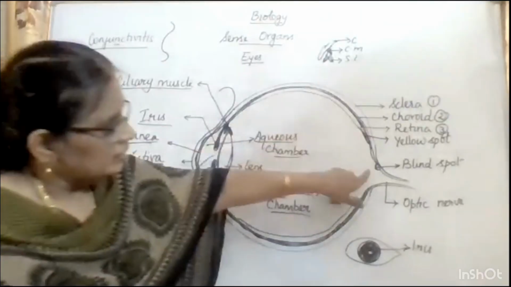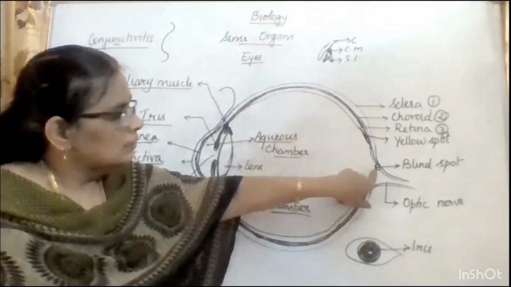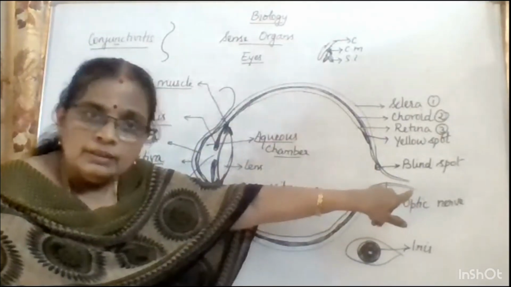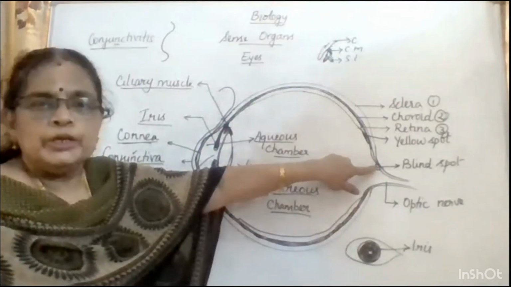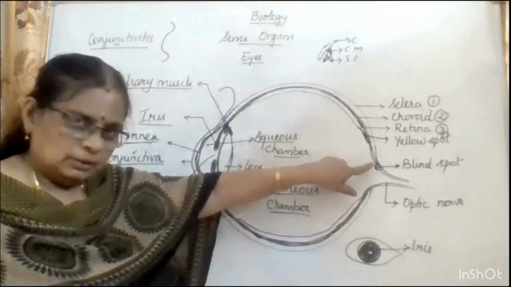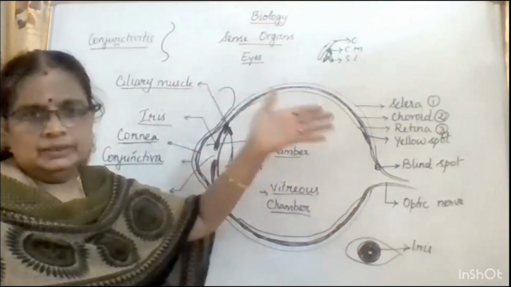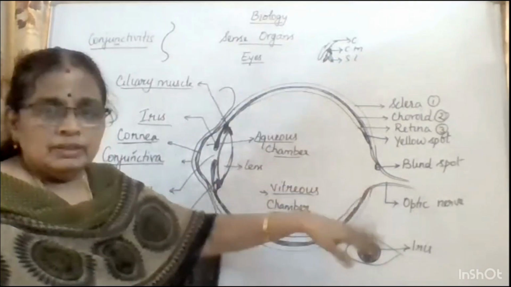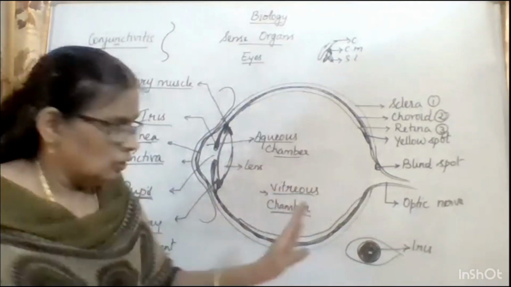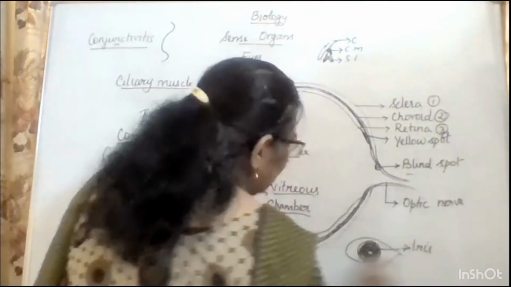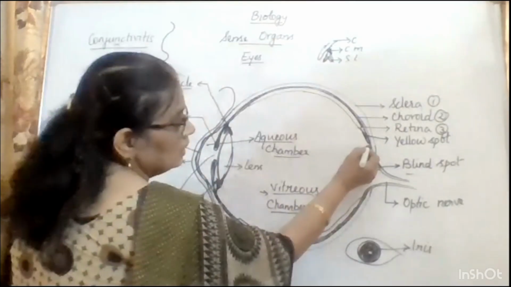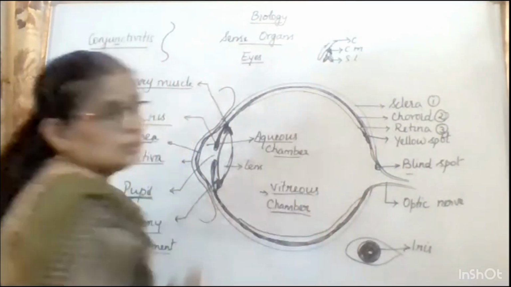Right? And here we have the place from where the optic nerve is emerging. We have a point known as the blind spot. It's a spot where there is no vision at all. And there is one part which has too many rods and cones.